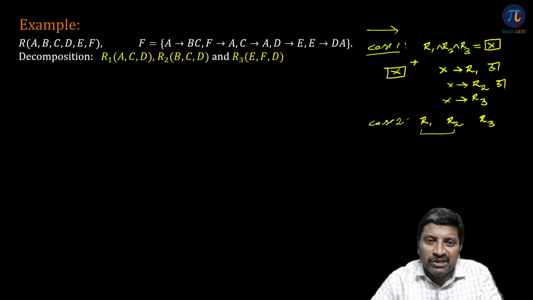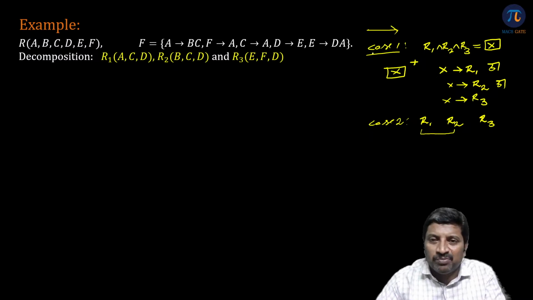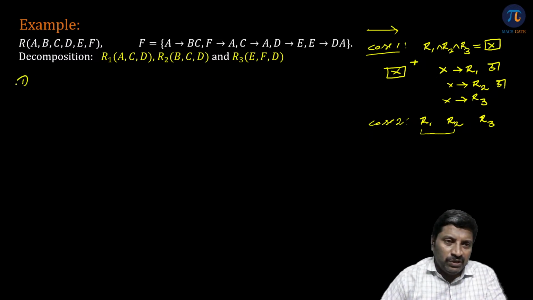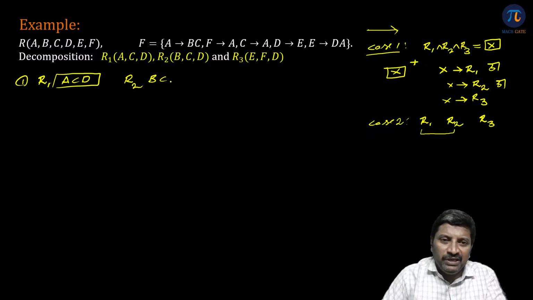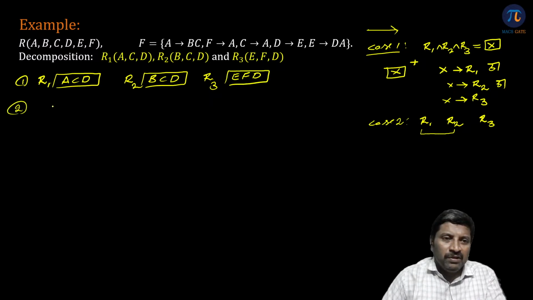I will explain case 2 in the next slide very clearly, sir. So first let us consider an example for case 1. Here the first table is A, C, B. The second table is B, C, B. The third table is E, F, D. Do we have any common attribute for all the three tables, sir?